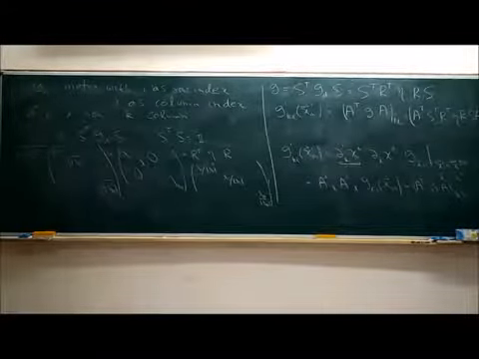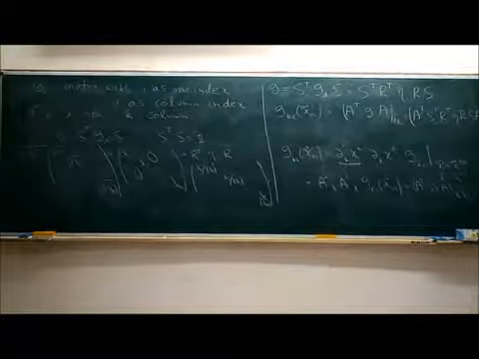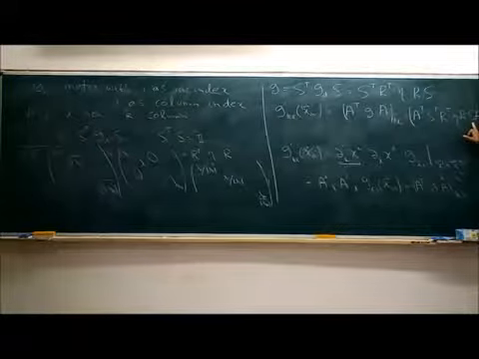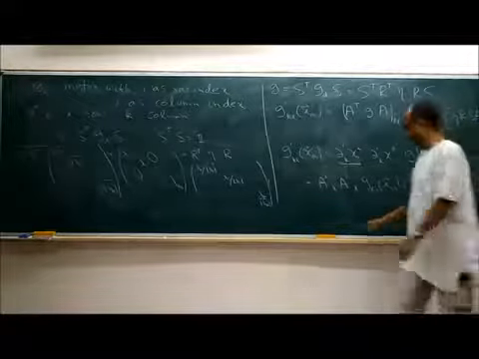What choice of A should we make? RS inverse. See, if you make A to be RS inverse, then you are done, because eta will be just plus minus 1, plus minus 1. So we pick A to be RS inverse.